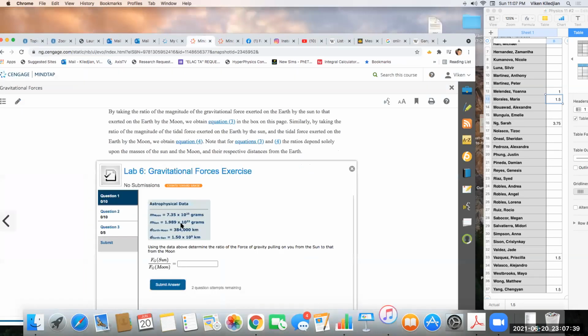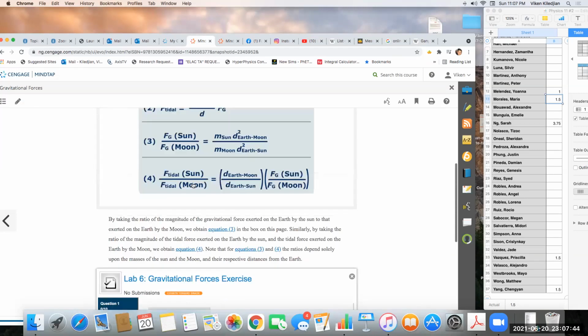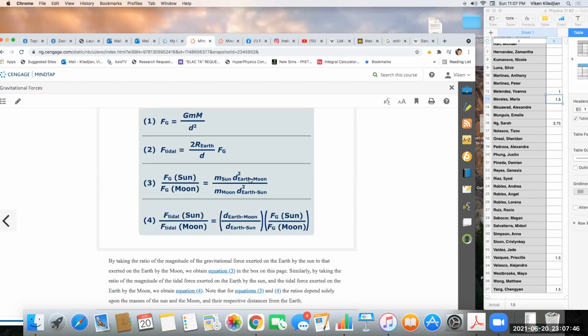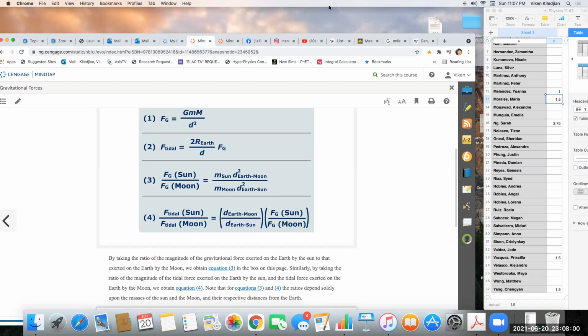We would do the mass of the sun times the distance of Jupiter to its moon squared, over the mass of the moon of Jupiter times the distance of Jupiter to the sun squared. Okay.